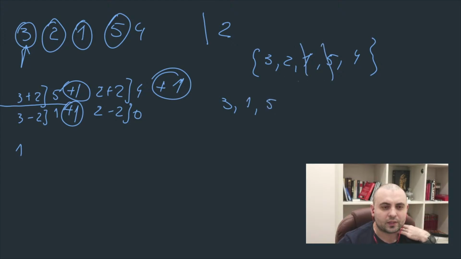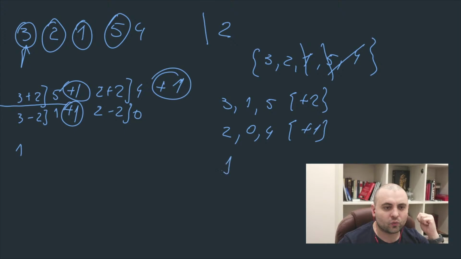We remove these from this set, and we've got plus 2 complements. Next will be 2. We've got the complements to be 0 and 4. We have only 4. We remove it, and we'll have plus 1.